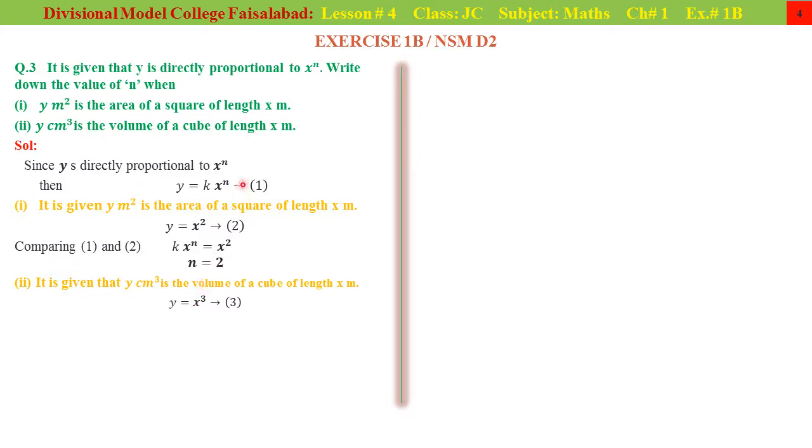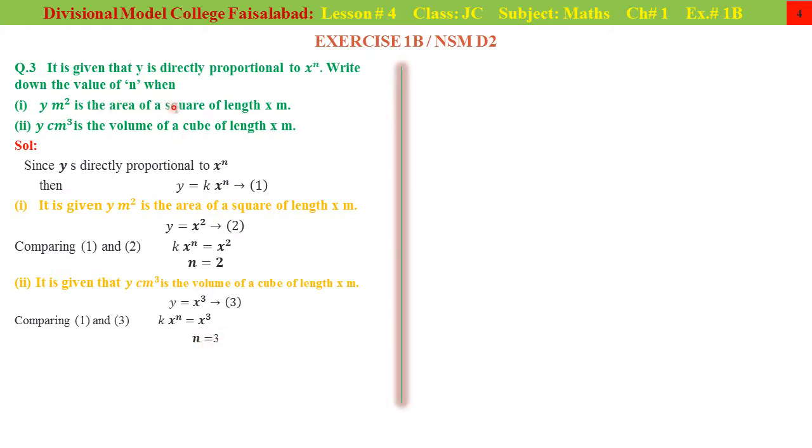Now comparing equation number 1 and equation number 2 as we did in part 1, we will get k x raised to the power n is equal to x cube. Both will be equal when the power of x on this side, which is n, will be equal to the power of x on the other side, which is 3. So the value of n will be equal to 3.